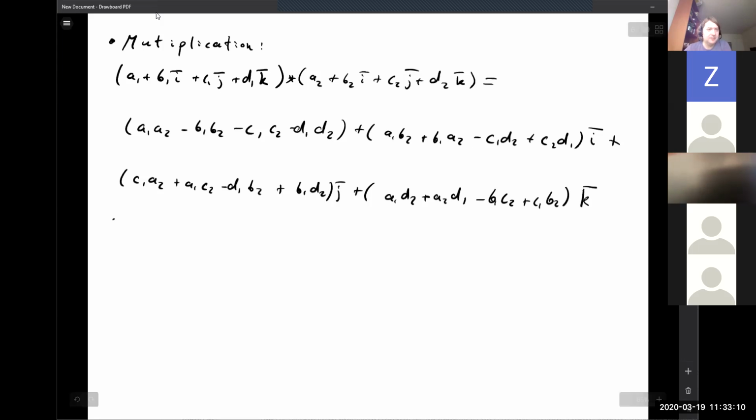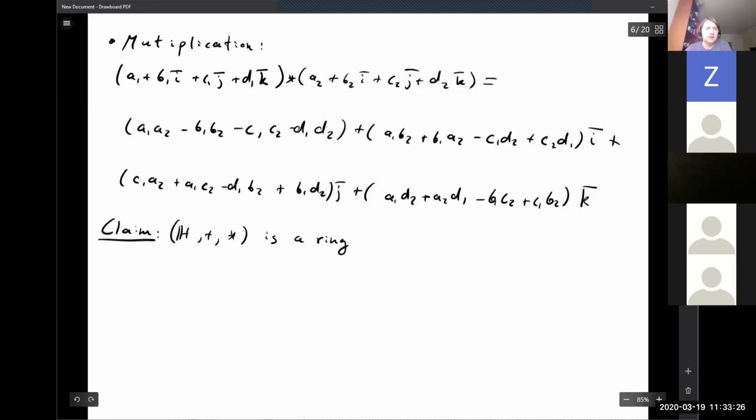Now the claim is that this H, together with binary operations plus and star, is a ring. Now R1 is immediate, because with respect to addition, they behave as vectors in four-dimensional space. Of course, this is an abelian group, right?